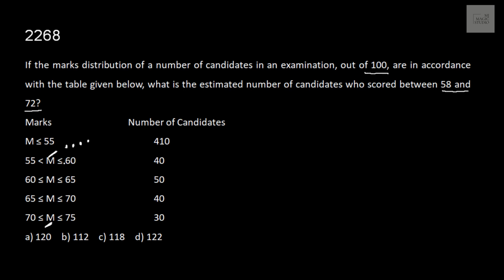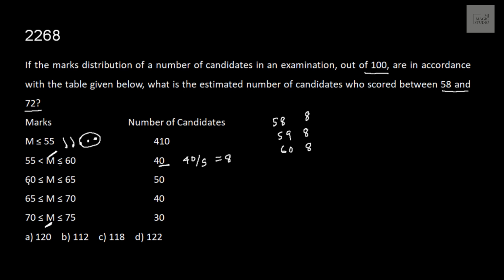And if we are taking 60 also, here 60 is already taken up, but here it is also equal to sign, so we have 60 also. 1, 2, 3, 4, 5. 5 elements account to 40. That means on an average, one element will account to 40 by 5, that is 8. This was 56, 57, 58, 59, 60. So scoring 58 are 8, scoring 59 is 8, scoring 60 is 8.